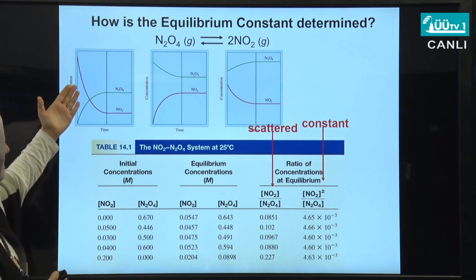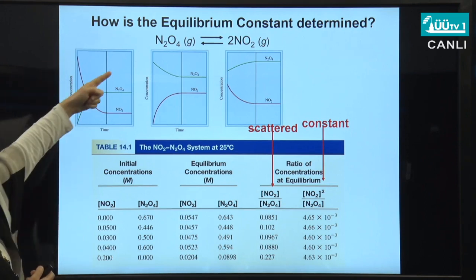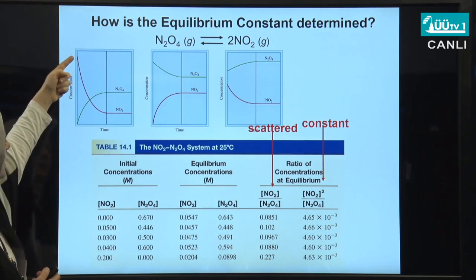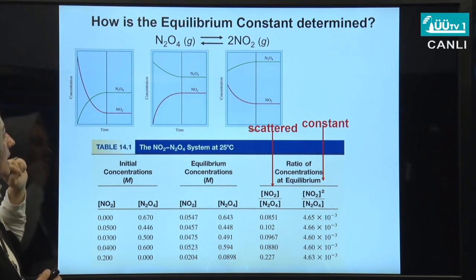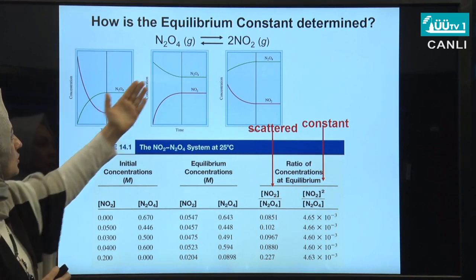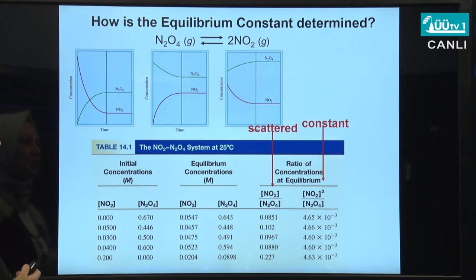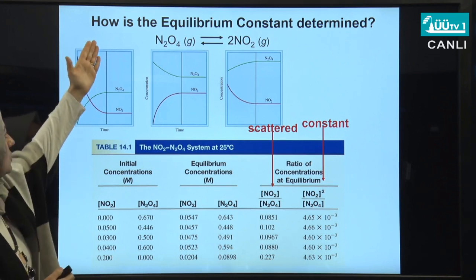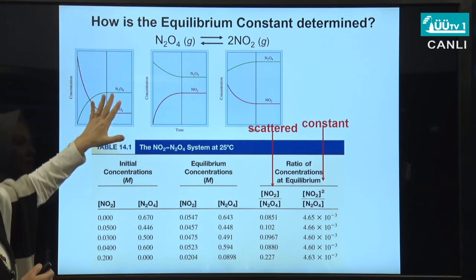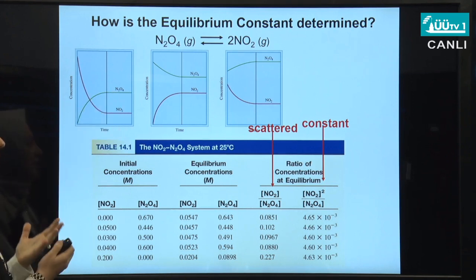For instance, in the first case, look at the graph. You have no nitrogen tetroxide, you start with only nitrogen dioxide. And what happens? Nitrogen dioxide is consumed in the reaction, and nitrogen tetroxide is being formed. As a result, at a certain point, when the equilibrium has been reached, the concentrations remain constant.